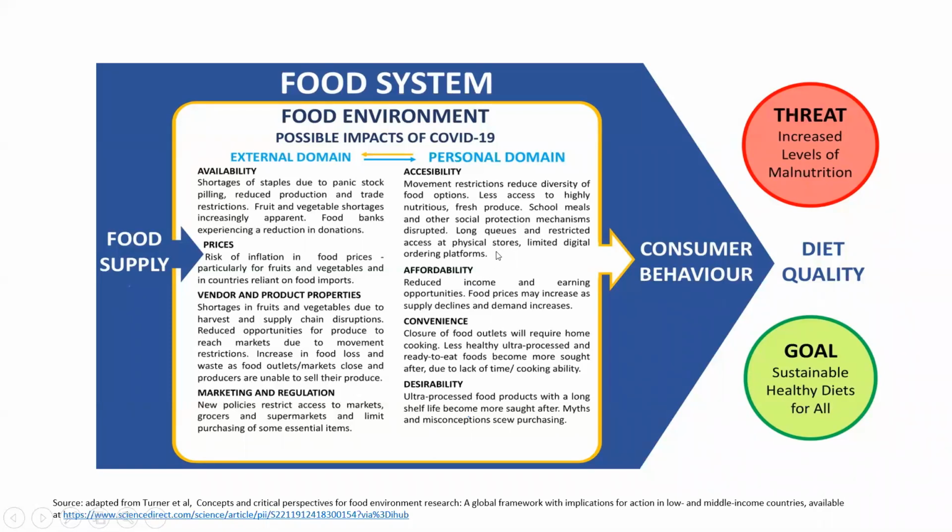When you look at the column for the external domain, you can look at impact there. People start panic buying and the shelves in supermarkets may be empty. You can see open markets are being prohibited or can only partially open. Therefore, again, the availability of food in your personal environment may be limited.